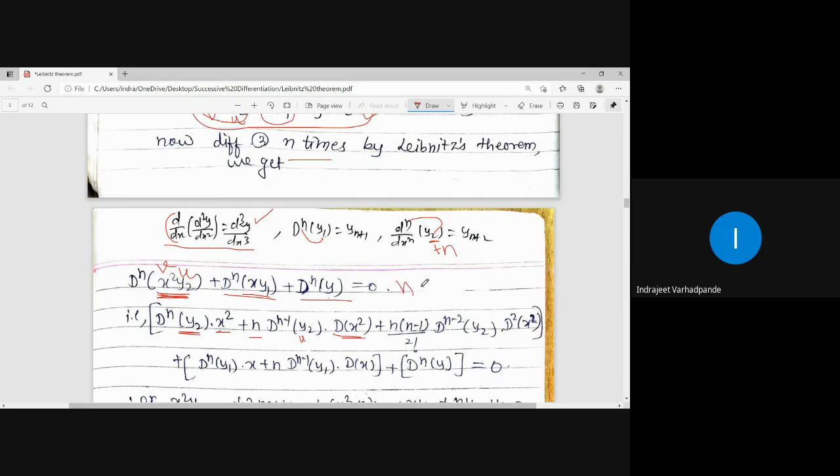What is nc2? nc2 I have written directly: n into n minus 1 upon 2 factorial, dn minus 2 of y2 into d square of x square. Why after this will I not write the statement? Because the second order derivative of x square exists and all other derivatives become 0. Is this point clear? So the statement for the Leibniz theorem is up to this bracket only. No other terms are to be written for the expansion by Leibniz theorem for this particular bracket. Is this clear to everybody? Is anybody having doubt?